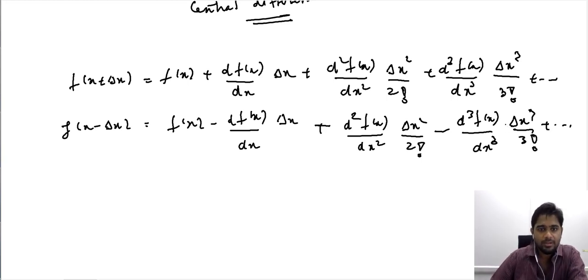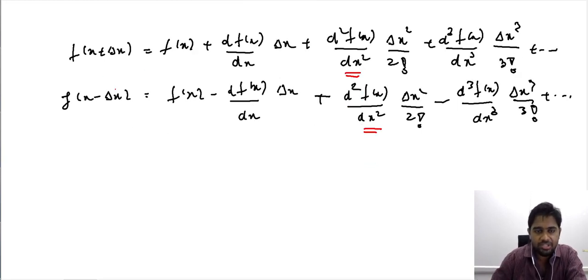Now, in order to find the first derivative, we took the difference between these two expressions. But when our interest is to find the second derivative, then we need to ensure that this term doesn't get cancelled out. So what we need to do is sum these two terms up.